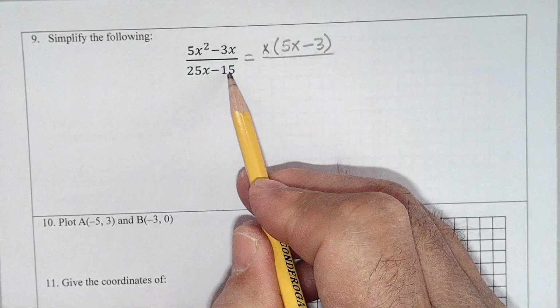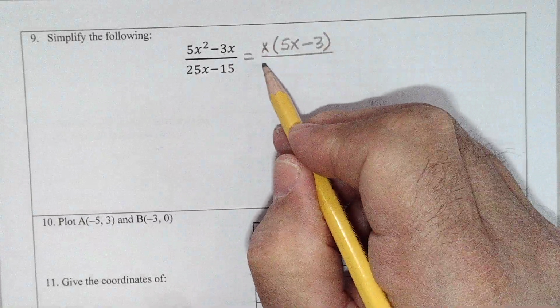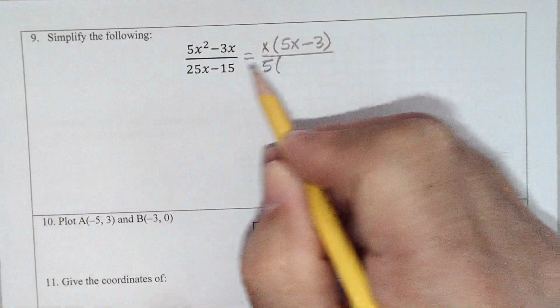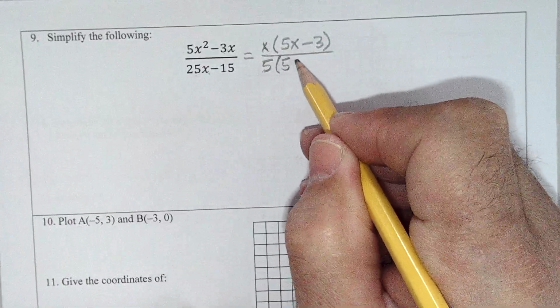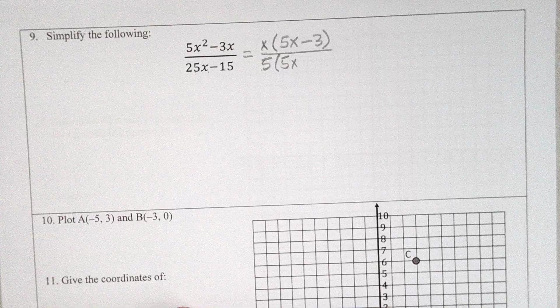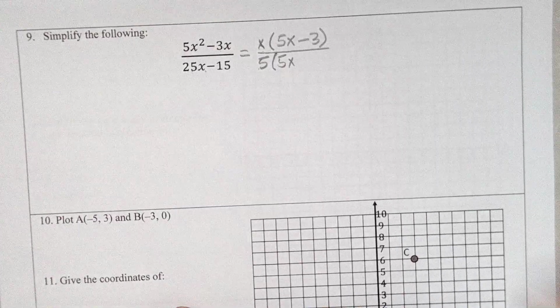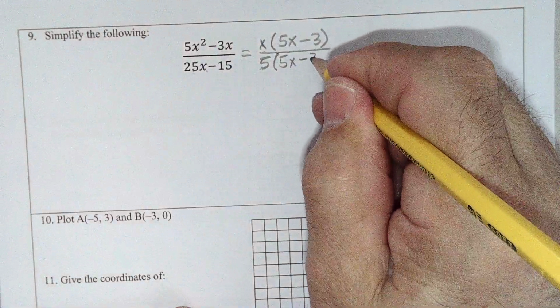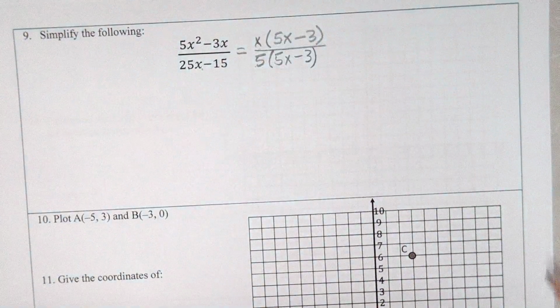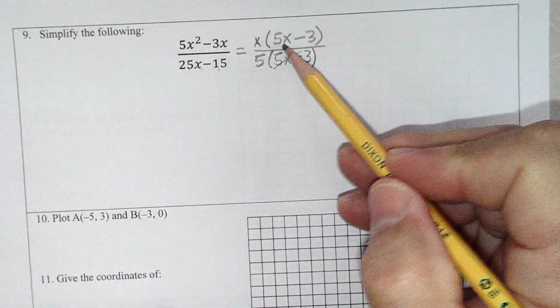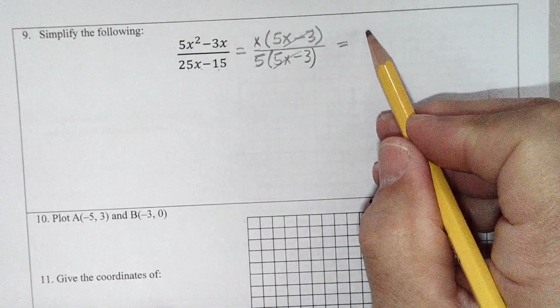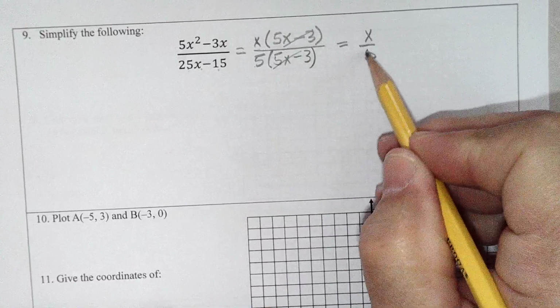Anything in common here? Oh, I think 5 goes into both of those. 5 times 5x makes 25x. And 5 times a negative 3 would make a negative 15. These look the same, and so this reduces to x over 5.